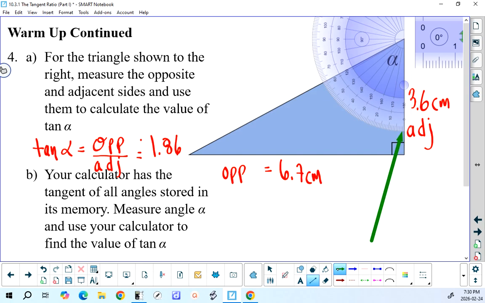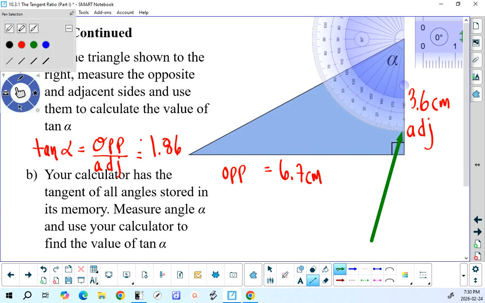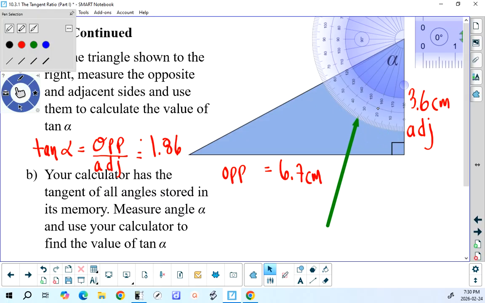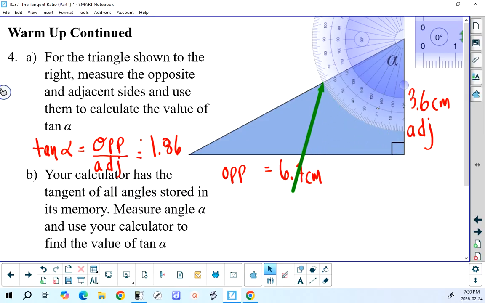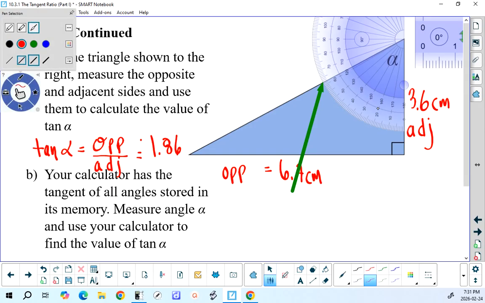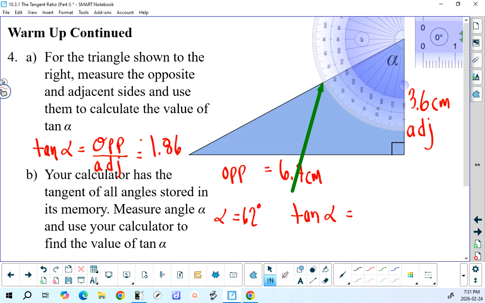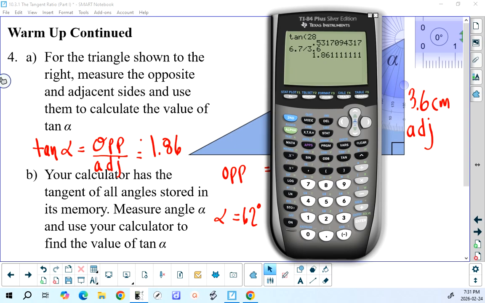I'm saying that's 0. 10, 20, 30, 40, 50, 62 degrees. So alpha is 62 degrees. Tangent of alpha would be tangent of 62 degrees. Let's see what we get. Tangent, 62, 1.88.